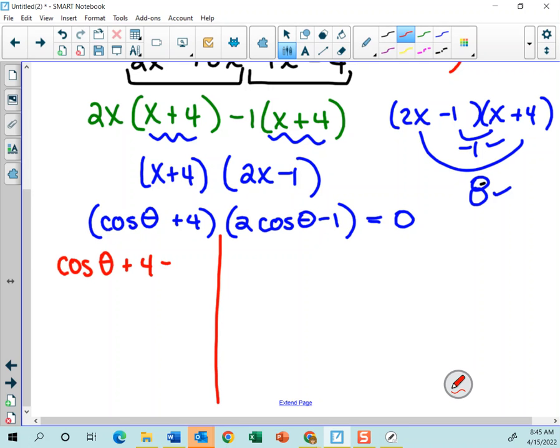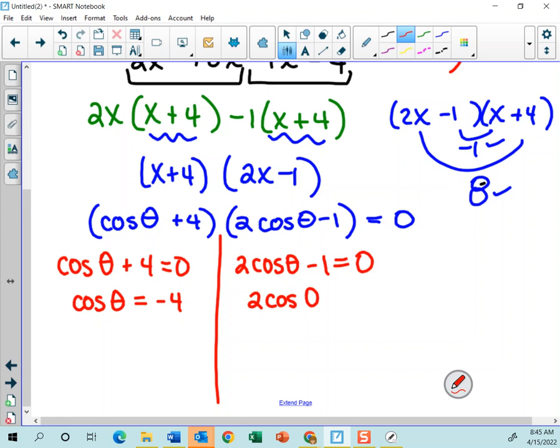One of my factors will say that the cosine of theta equals -4, because I set both factors equal to 0 and solve for cosine just like I would solve for x. My other factor says cosine theta equals 1/2.